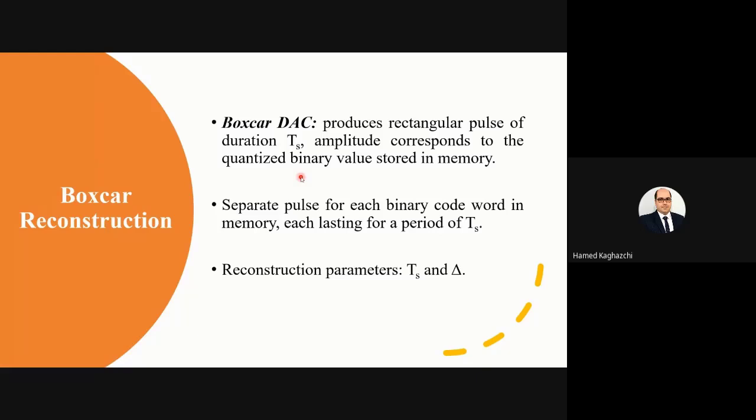So we can separate these pulses for each binary code and reconstruct our signal according to the parameters, sampling period and delta.